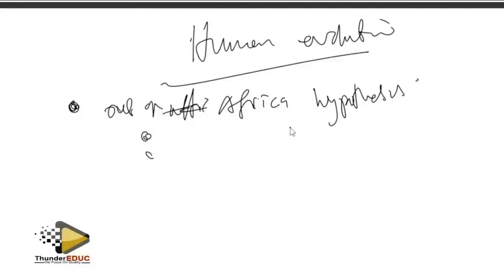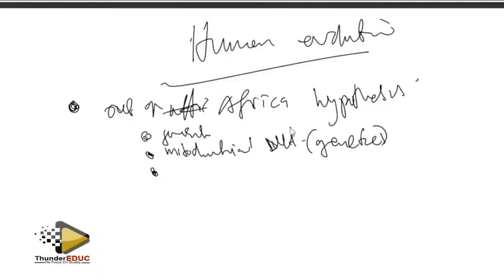Number 2, here you have to tell us the evidences. Evidence of that is fossil. You have to tell us the mitochondrial DNA, sometimes called genetics. Then you have to tell us cultural evidence.